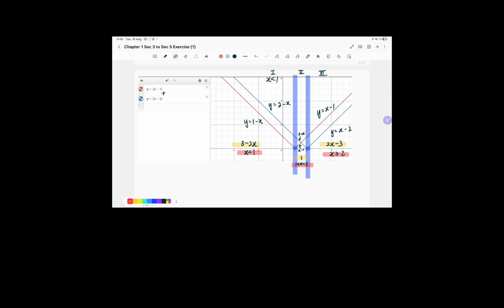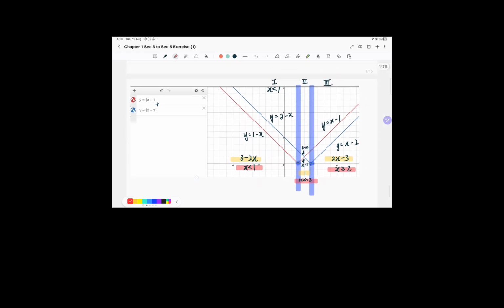And I think you know how to sketch these two graphs together. It should be very easy because it's a very simple modulus function. So you can use this method if you find that this is more efficient.